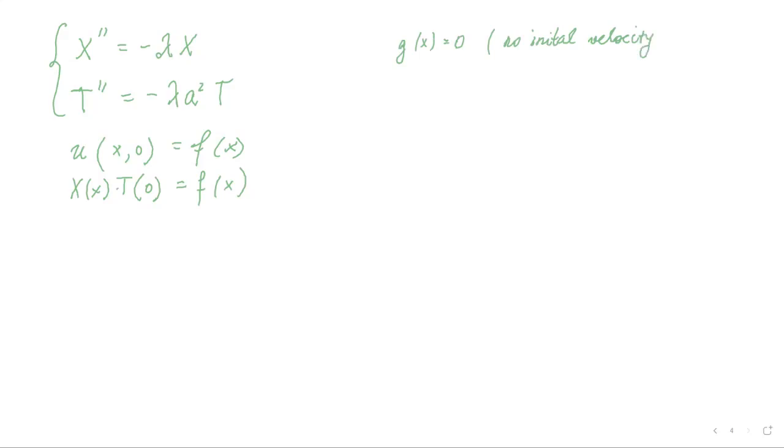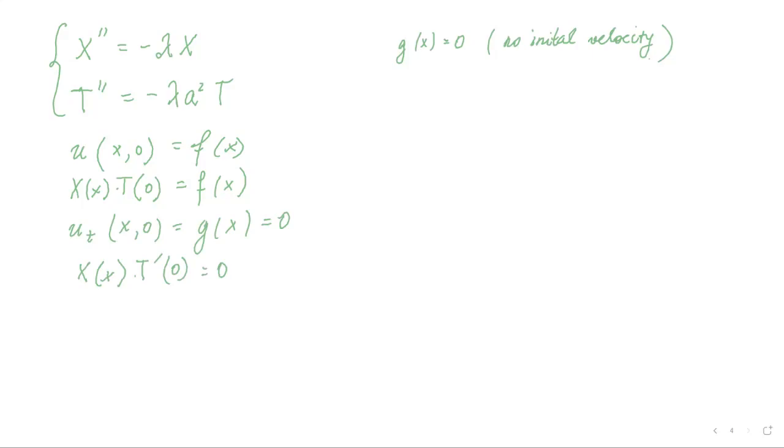I'll need to have a derivative by t at x, 0 be equal to g of x, and in our case we decided to make it equal to 0, so I'm going to take a derivative here too. How do I differentiate this by t? I take a derivative of T by t, right? So X is going to be X of x, and T is going to be just the derivative, because I take it by t, equals 0.